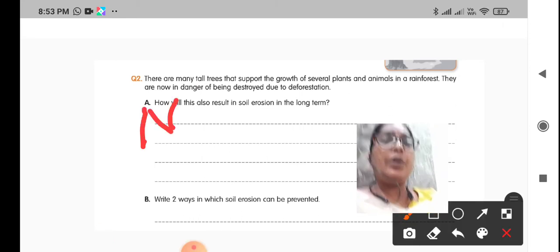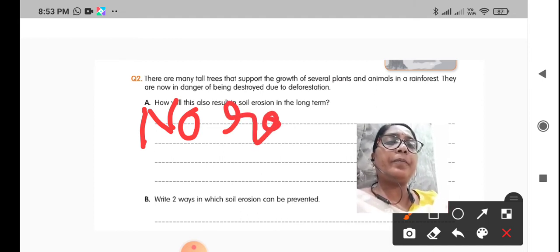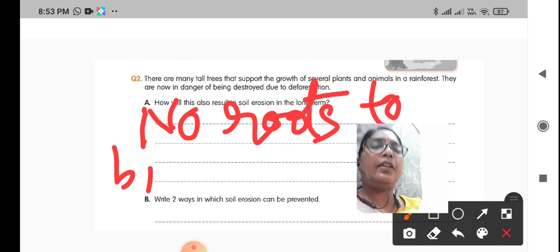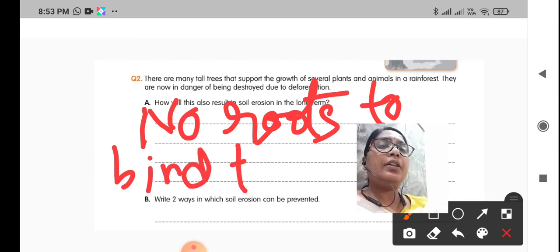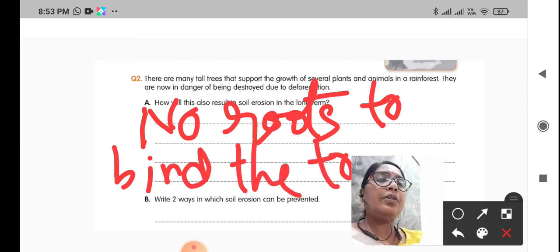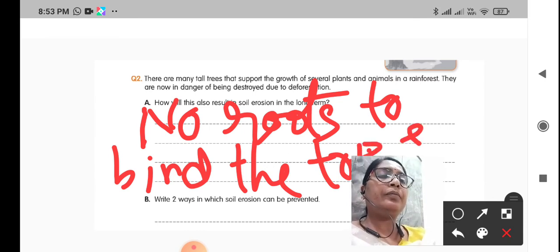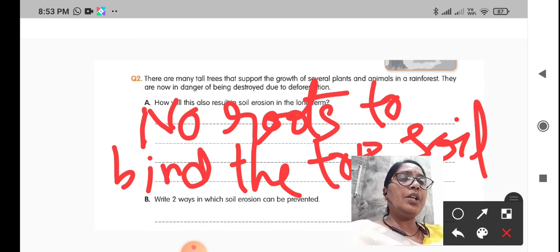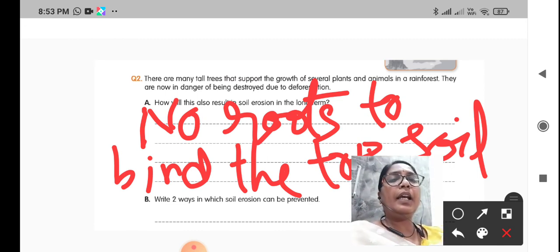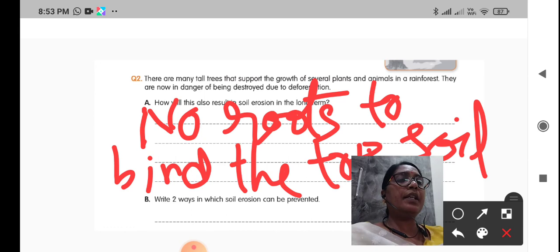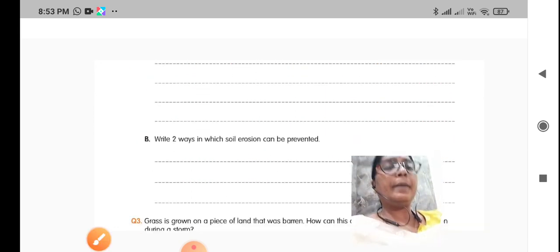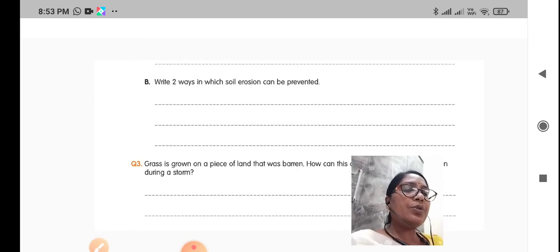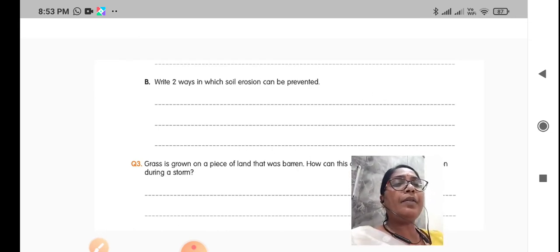There are no roots to bind the topsoil. This leads to the soil becoming unfertile and we cannot grow plants on that land. Now the next question: write two ways in which soil erosion can be prevented.